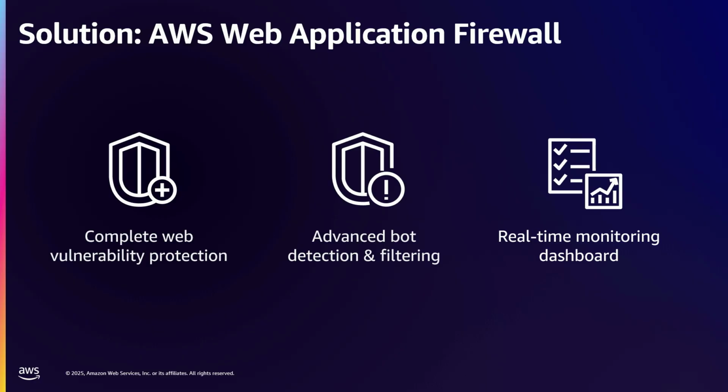With AWS WAF, we're also able to identify what are some of these legitimate users versus malicious bots that are in place, and how we can prevent credential stuffing attacks from happening. And lastly, with this web application firewall, we're able to actually set up real-time monitoring.